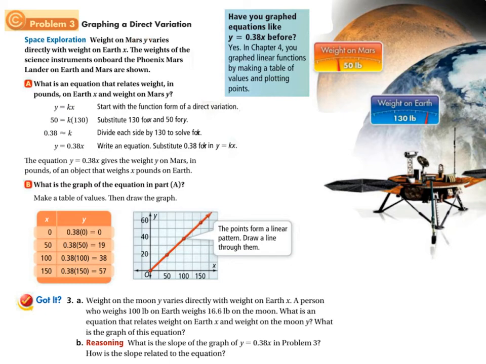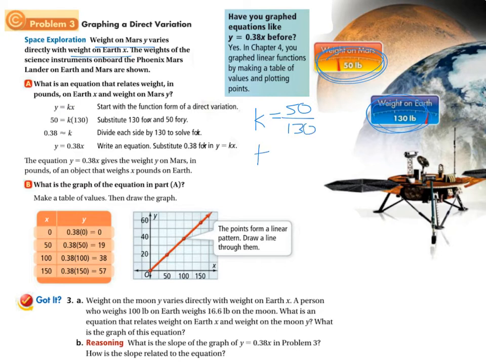And y is your weight on Mars, divided by x, your weight on Earth, because that's what they say over here. Weight on Mars is y, weight on Earth is x. So y divided by x is 50 divided by 130. K is going to be equal to 50 divided by 130.